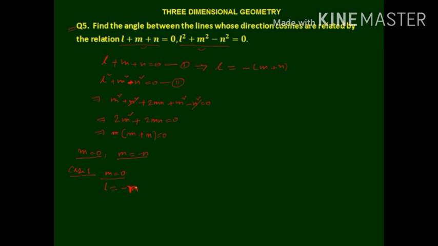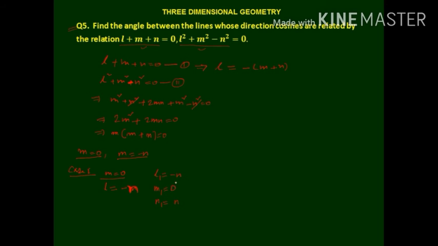L equal to minus N. Now you can see I'm going to get the first set of direction ratios. L is expressed as minus N, M is 0, and N is N itself. So the first set of direction ratios can be considered as L1 equal to minus N, M1 equal to 0, and N1 equal to N itself.